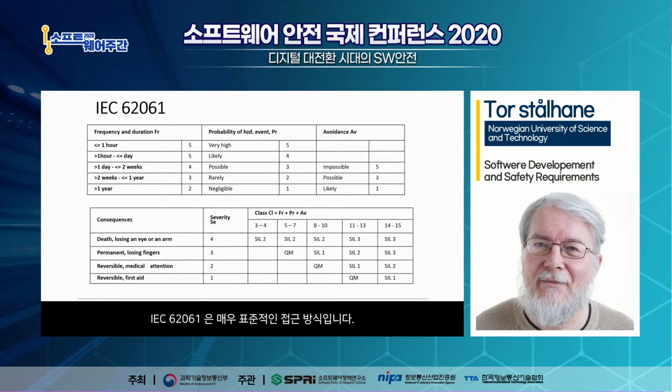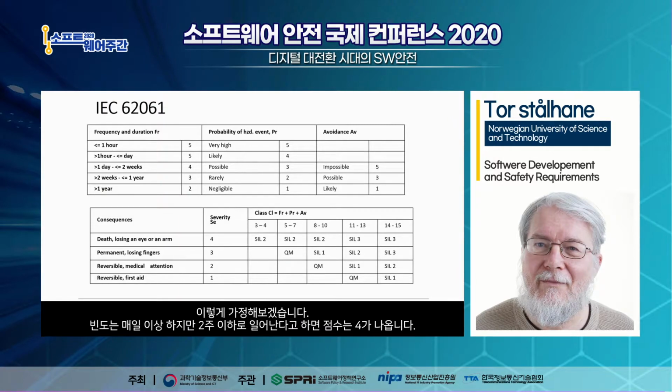So 62061 is a fairly standard approach. You have the frequency, you have the probability, you have the avoidance, and you have the consequences. So let's assume now we have something which happens more often than every 2 weeks, but less often than every day. That gives you a 4 here. And the probability of the event is, that's possible. It's a 7.